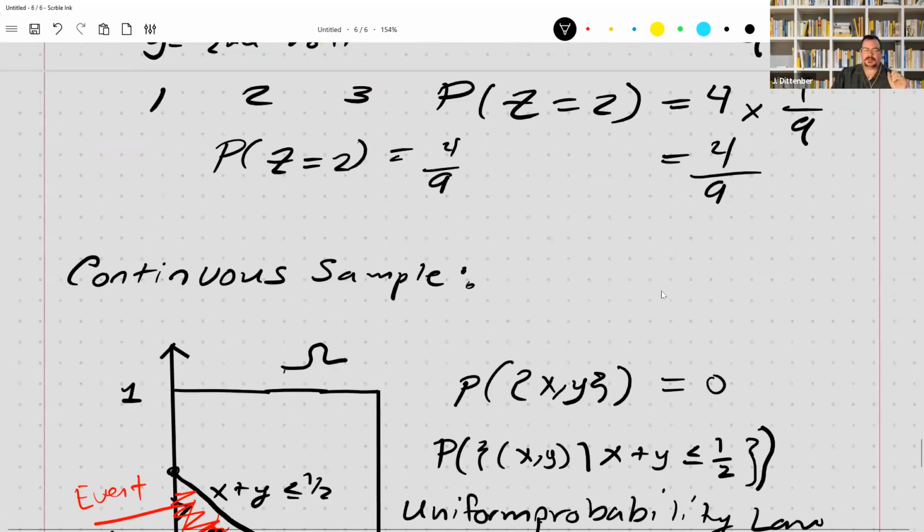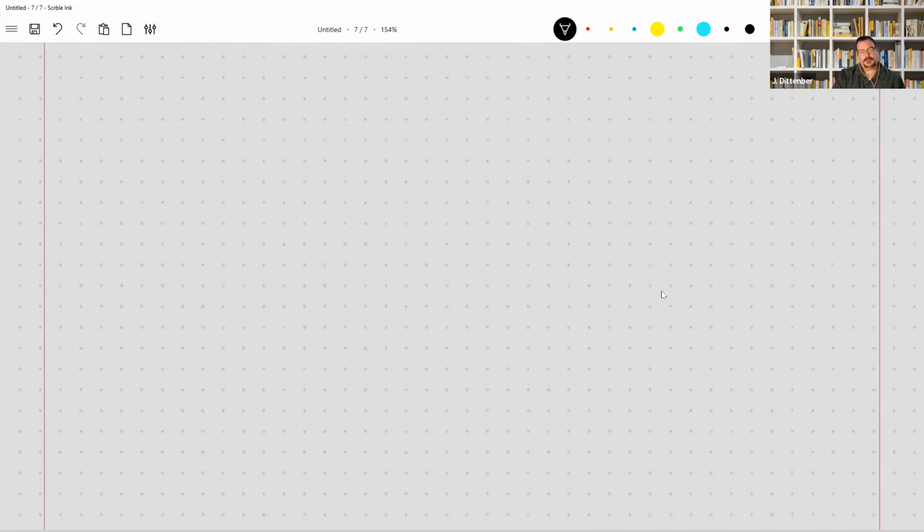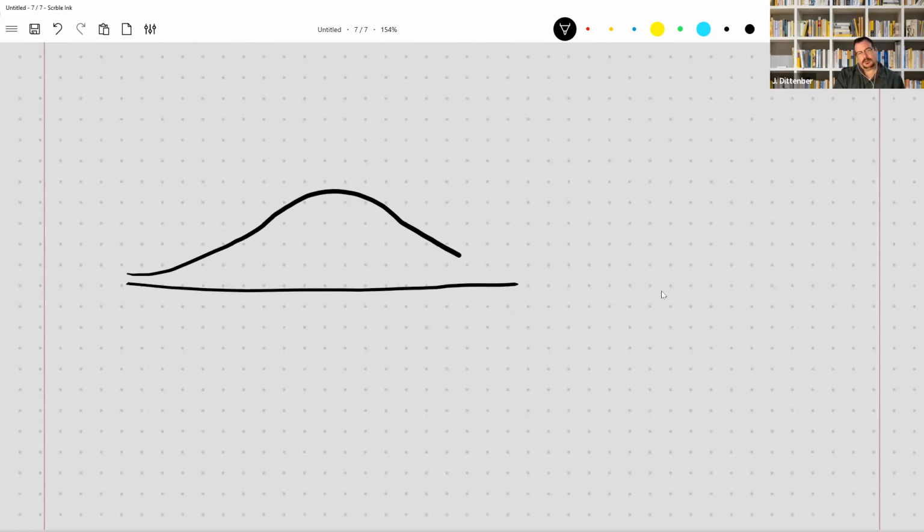So now in the next video, what we need to figure out is how do we know the probability in this PDF? If this is my X, how do I calculate the probability? Well, I find the area under this curve.